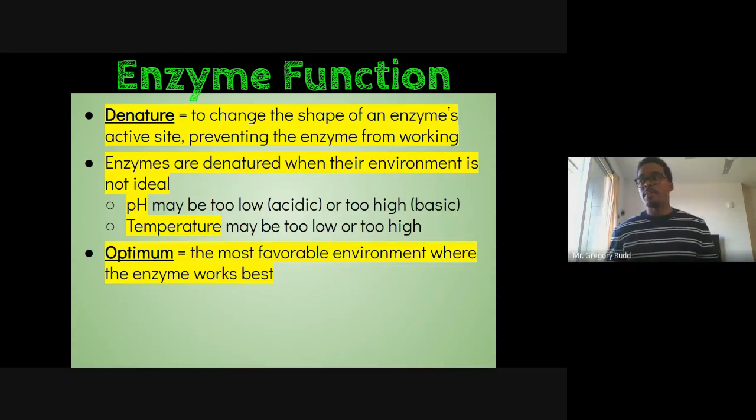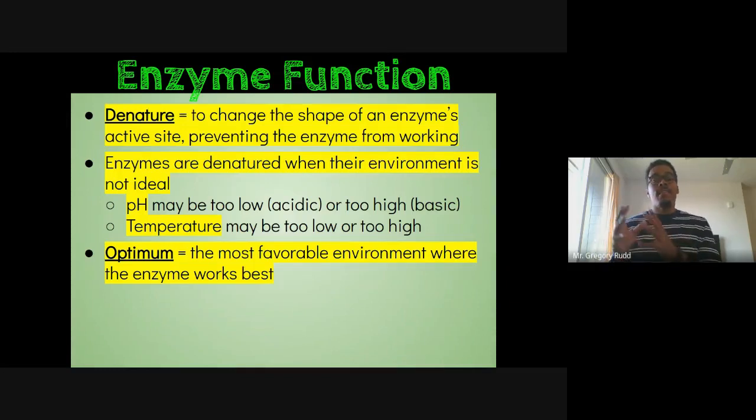Same thing with enzymes. Some enzymes like a pH that is really, really acidic, and we'll talk about some of those. On the other hand, some enzymes prefer a pH that's very basic. Some enzymes prefer really, really hot temperatures. Some enzymes prefer cooler temperatures.